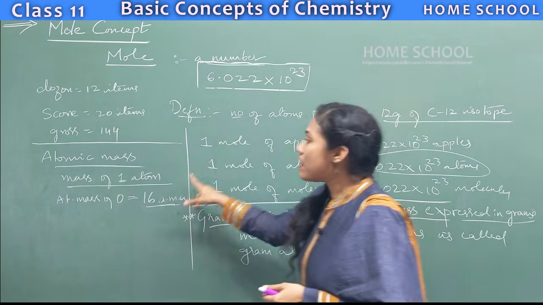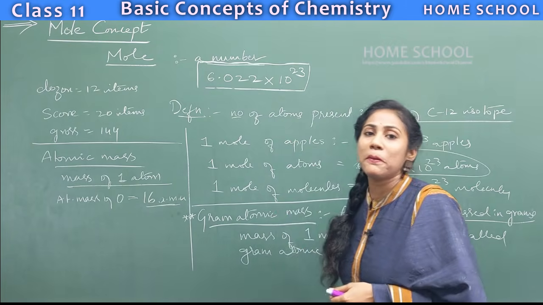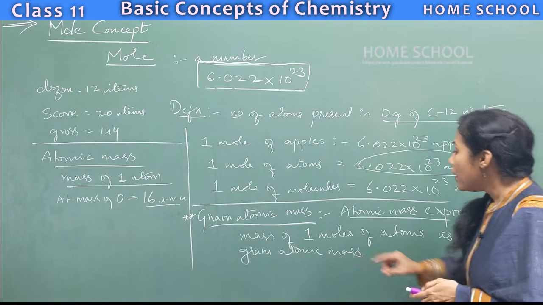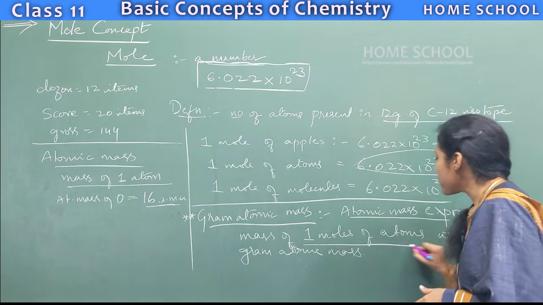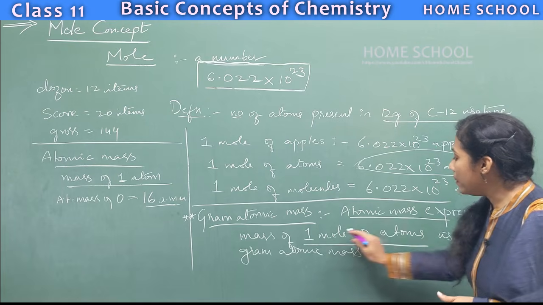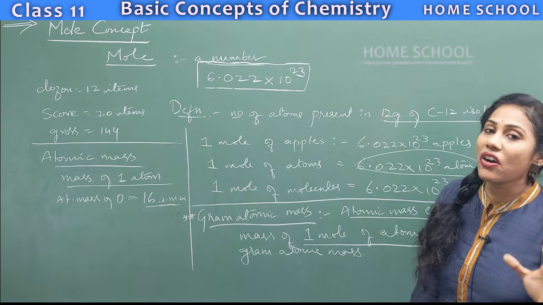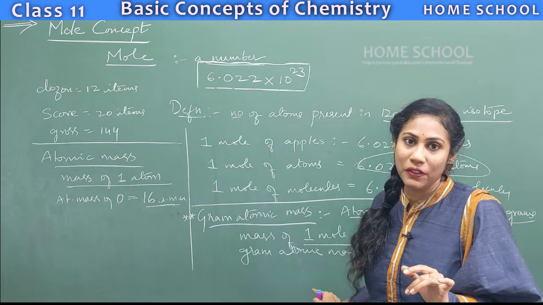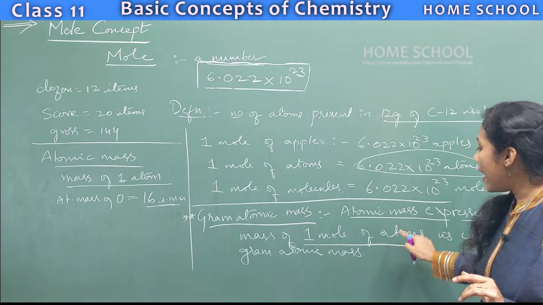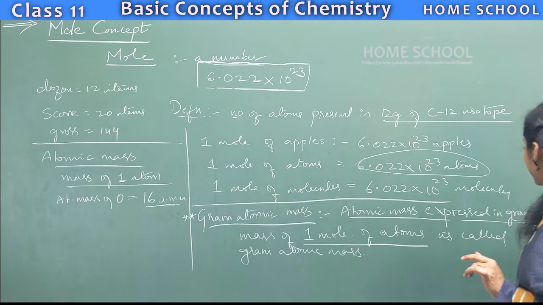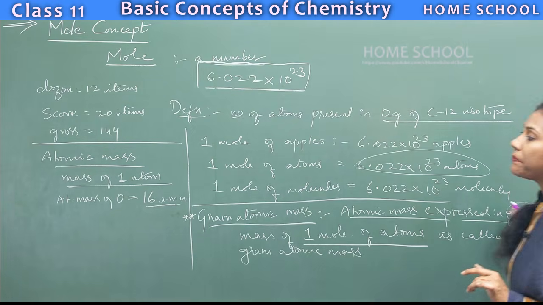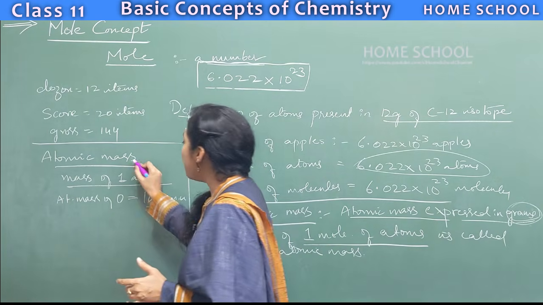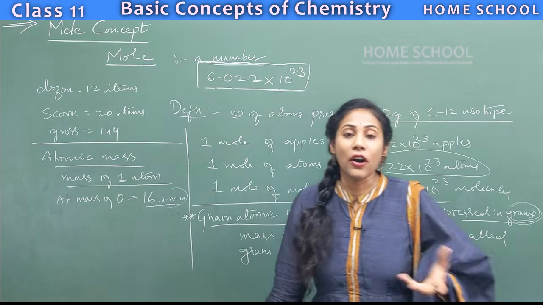Mass of one atom is atomic mass, but mass of 1 mole of atoms is called gram atomic mass. There's a lot of difference. And this gram atomic mass is expressed in grams, but the normal atomic mass unit is AMU or U.